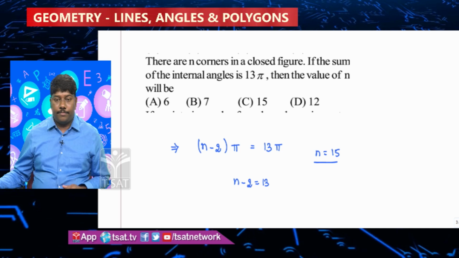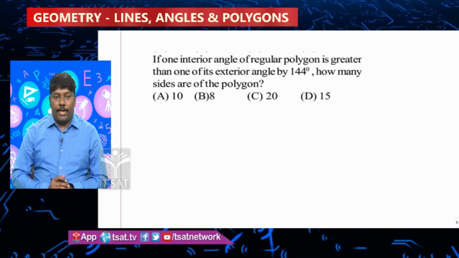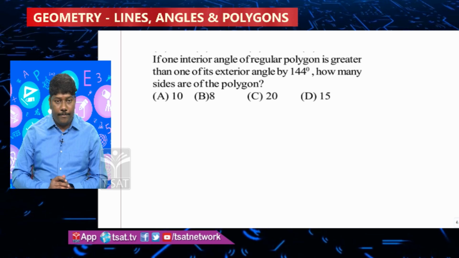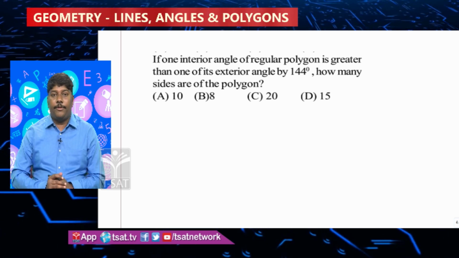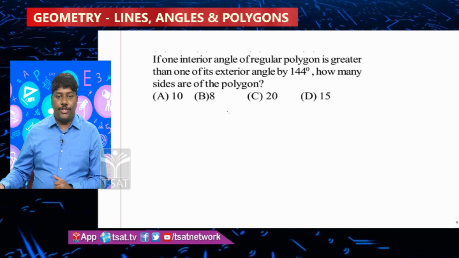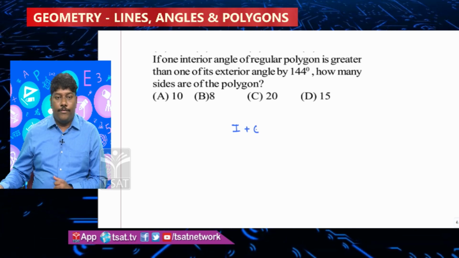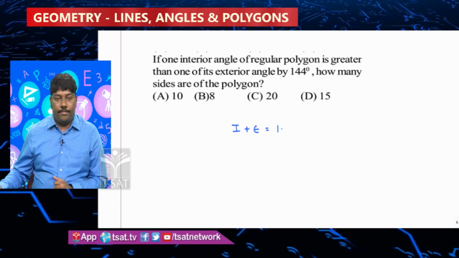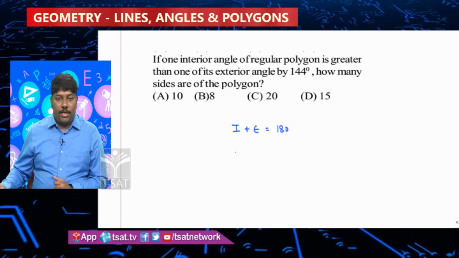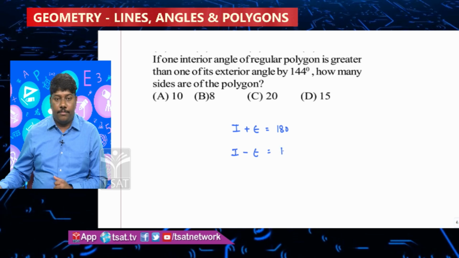Third one. If one interior angle of a regular polygon is greater than one of its exterior angles by 144, the sum of interior plus exterior angle, we know that it is 180. Interior is greater than exterior by 144.